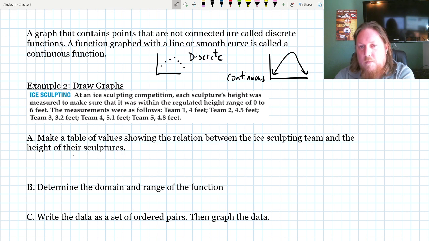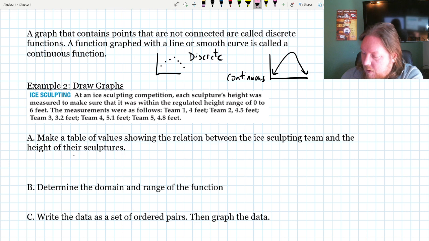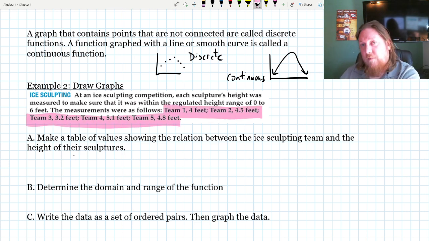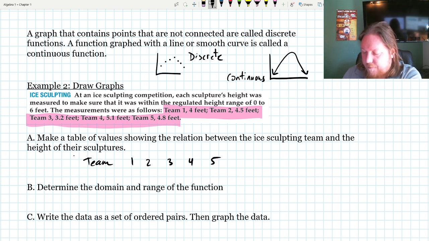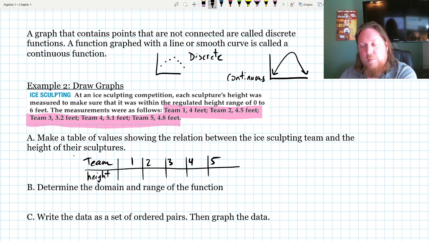So the first thing I'm going to do is make a table of values showing the relationship between the ice sculpting team and the height of their sculptures. Now, they were really nice, and they gave each one of those teams very easy names to remember because they're numbers. So we've got team 1, 2, 3, 4, and 5. And then we have the height of the sculpture for each one of them.